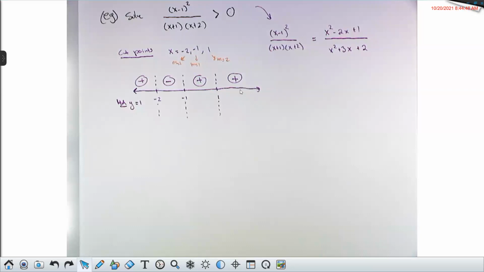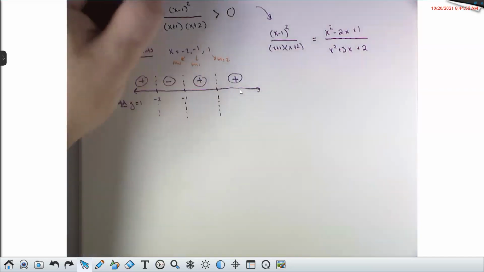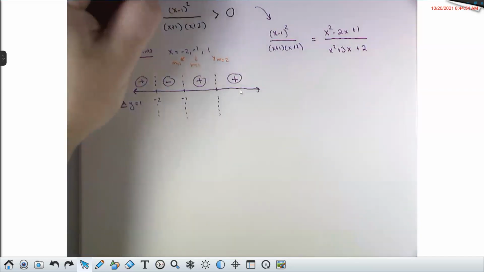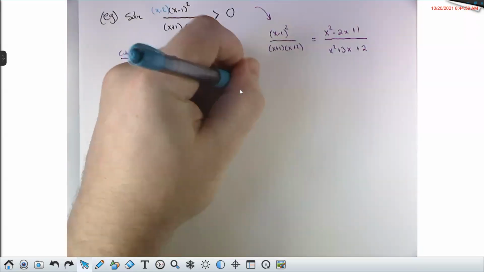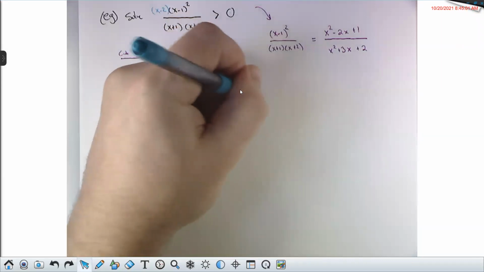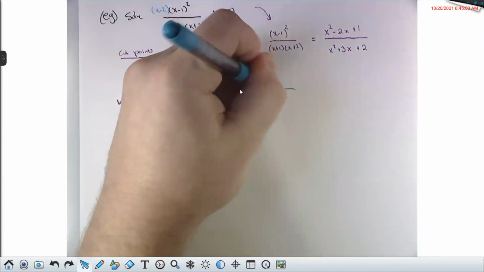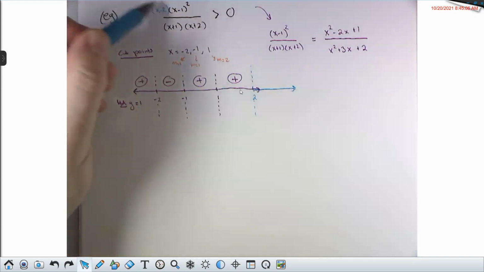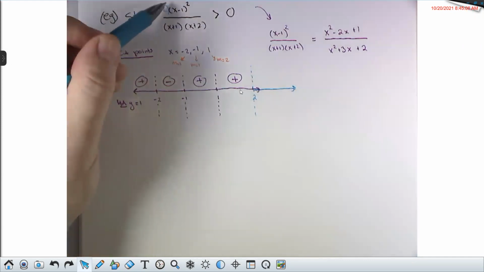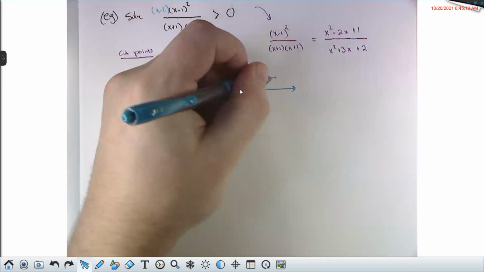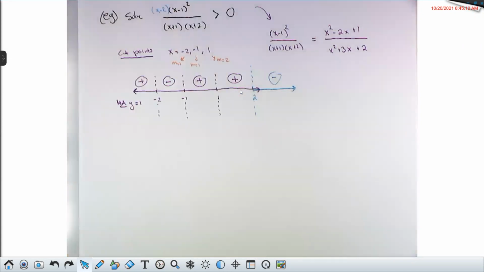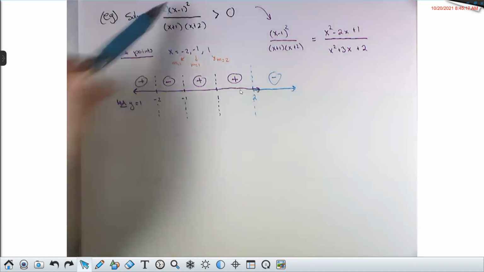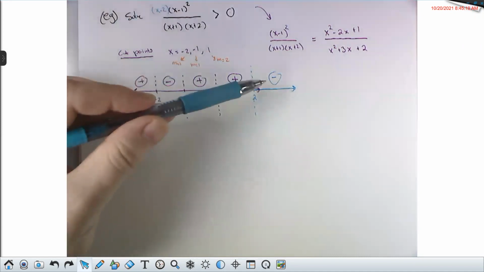So, it's a good question. If I had just a regular x minus 2 here, that would give me a 2 here. And since this is, as it's written right now, multiplicity 1, we would change sign. If this was an x minus 2 squared, then we would still be a plus here.